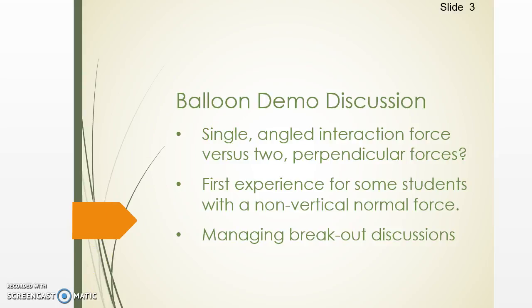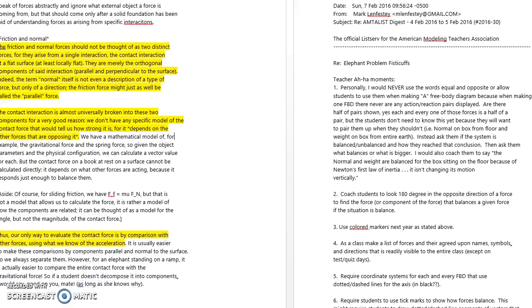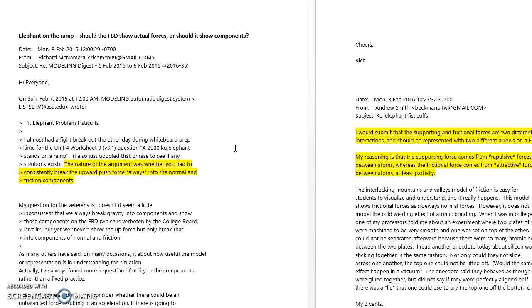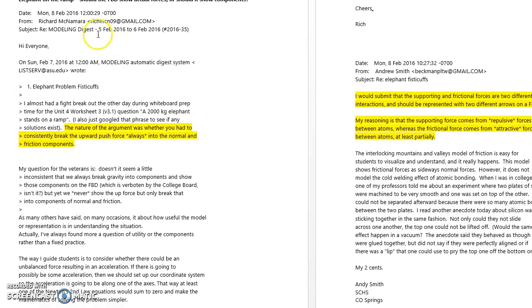And this generated some discussion, and reflecting on it afterwards, I think the reason that I went for the angled force was because I'd recently been reading a listserv discussion that someone posted about the elephant on the ramp problem. The teacher reported that he almost had a fight in his class, and it was about this very problem.